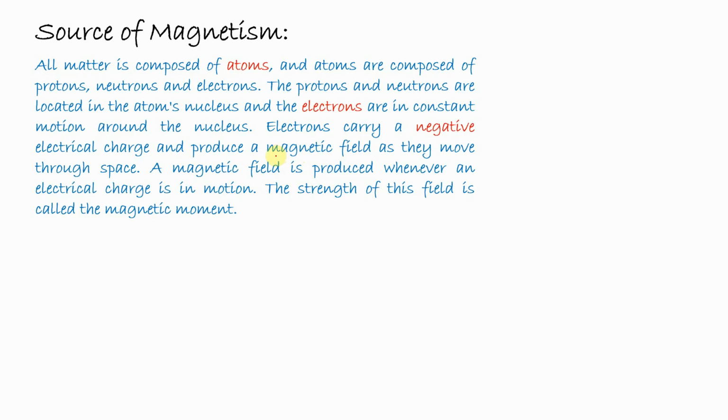So basically the magnetism comes from this, that is, the motion of the charged particle, basically the motion of the electron. So here in this diagram, this is the nucleus and an electron is surrounding the nucleus. As the electron is moving, a magnetic field will be produced in this area.